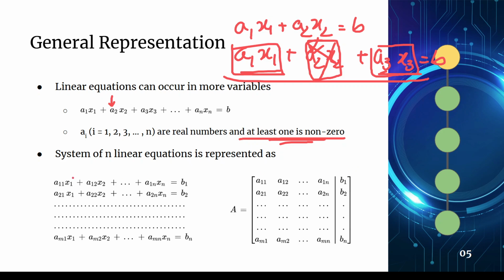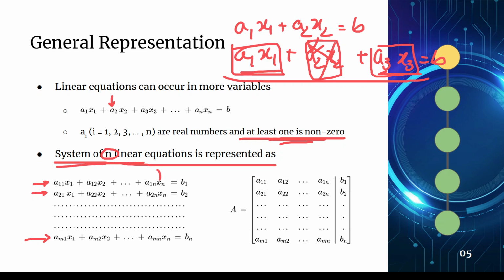Now we are studying a system of linear equations, not a single linear equation. So we are trying to make it a system of linear equations. We have to write different linear equations all by themselves. A system of linear equations is represented over here.